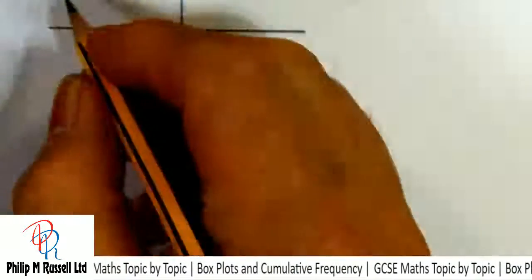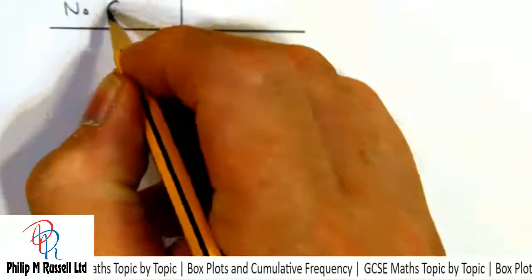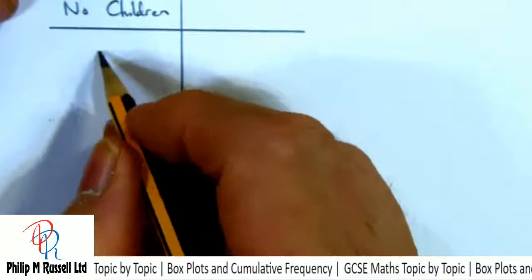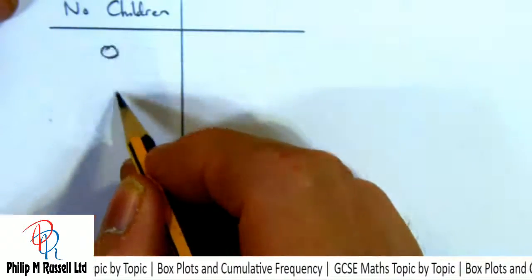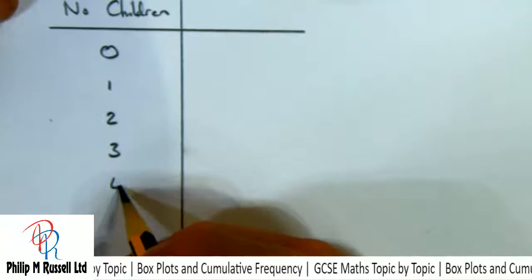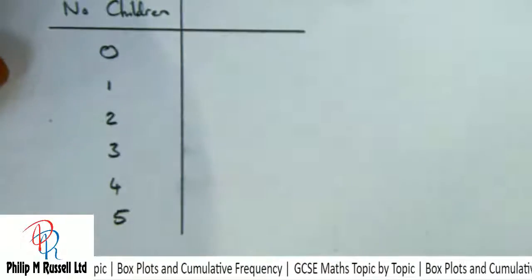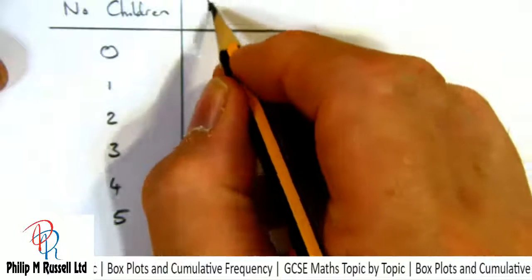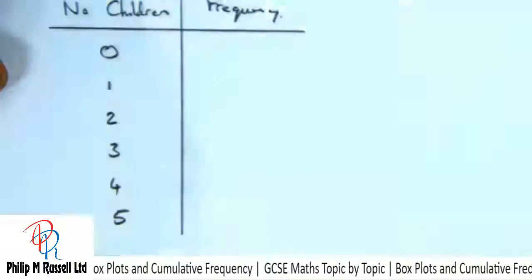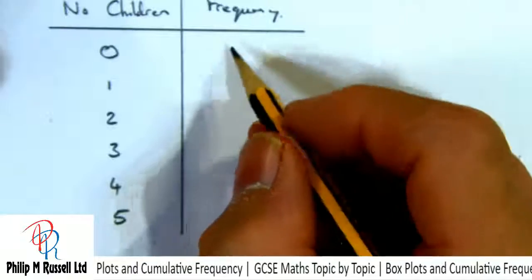So let's have number of children, and we can have either 0, 1, 2, 3, 4 and 5, and this is going to be our frequency, and this is perhaps the number of children in families.